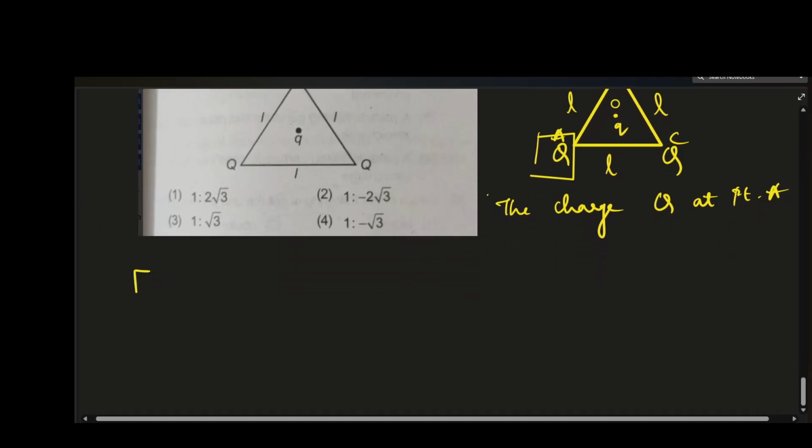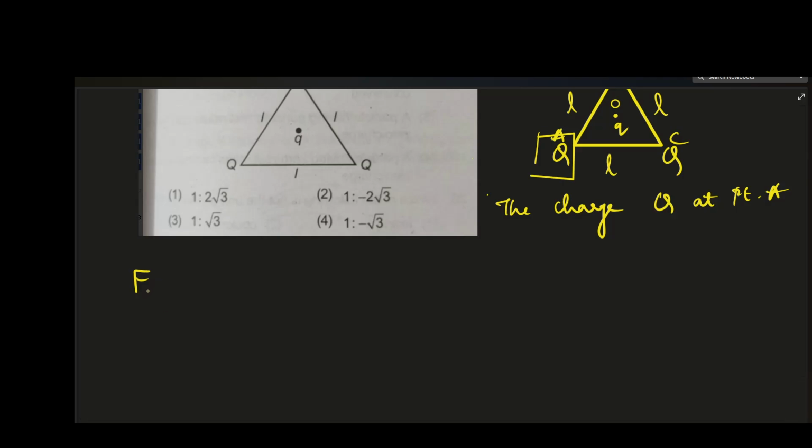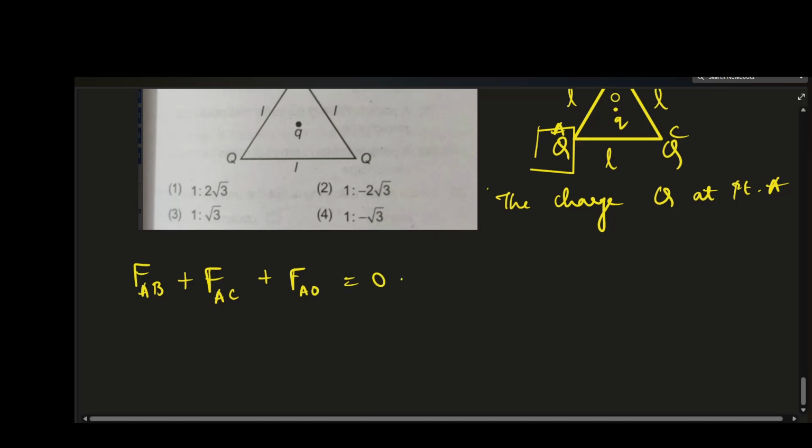So the force on charge Q at point A due to the Q at point B, I will write it as FAB, and FAC plus FAO should be equal to 0, right?